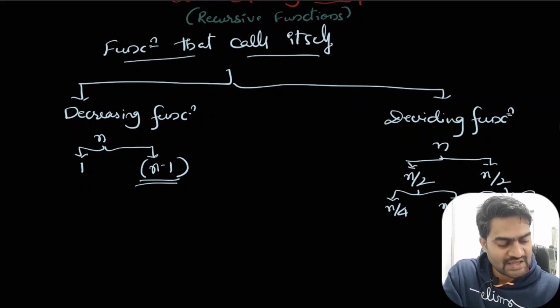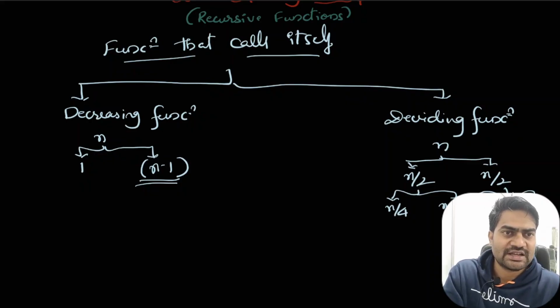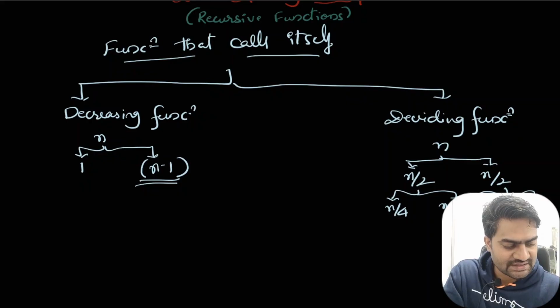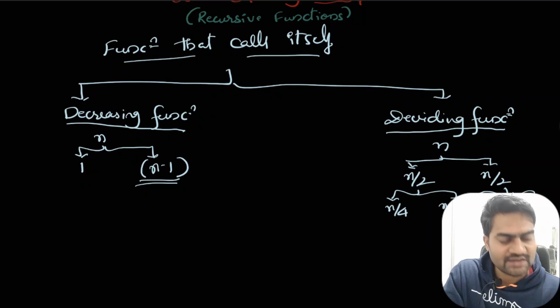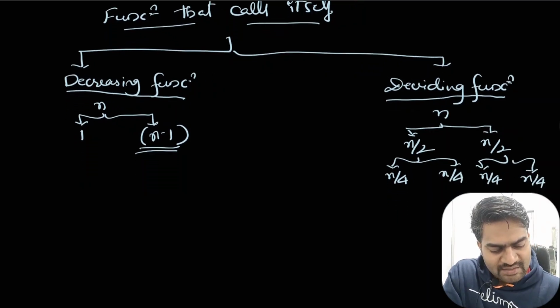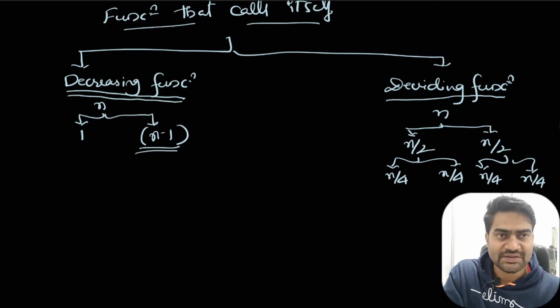This is how the dividing function tries to solve the bigger problem by dividing it into smaller problems, mostly half first and the next half in the next iteration. So we will have decreasing functions and dividing functions. First let us look into some examples on decreasing functions.